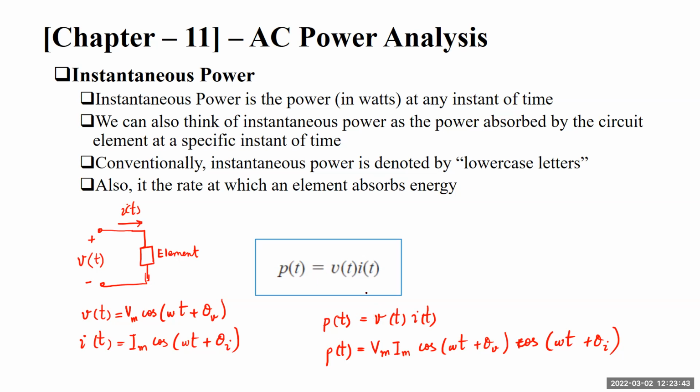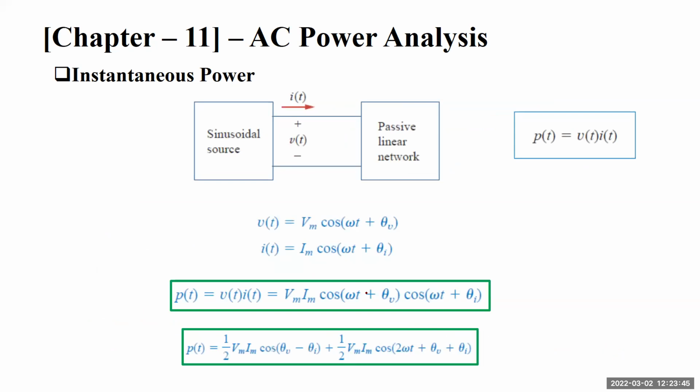So now, this is the same concept which we have talked about in our last slide. If we have a sinusoidal source and that source supplies a passive linear network, remember, passive linear network means that the network consists of resistors, inductors, capacitors. These are passive elements, and these are also linear elements. There are no operational amplifiers or any active elements involved in the circuit.